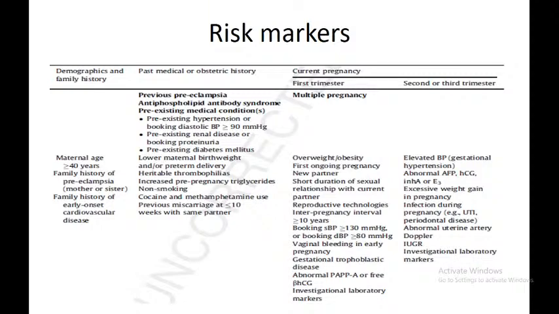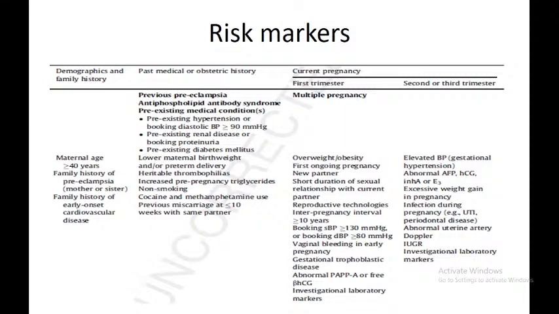And also if a woman has abnormal PAPP-A or free beta HCG, high levels of these might also increase the risk of this condition. So all these factors in the first trimester increase the risk of this condition.